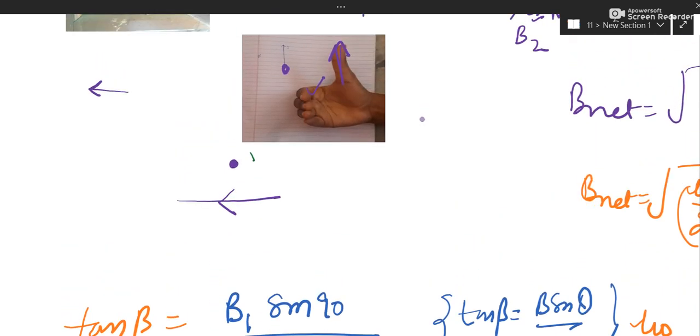So this is my magnetic field. This is my B away. This is my B first. And what about the second one? This is the current, right? And so it is outward. So I'm saying let it be outward. What I wish to see is that both fields are not acting in the same direction, nor in opposite directions, so they cannot be added or subtracted.